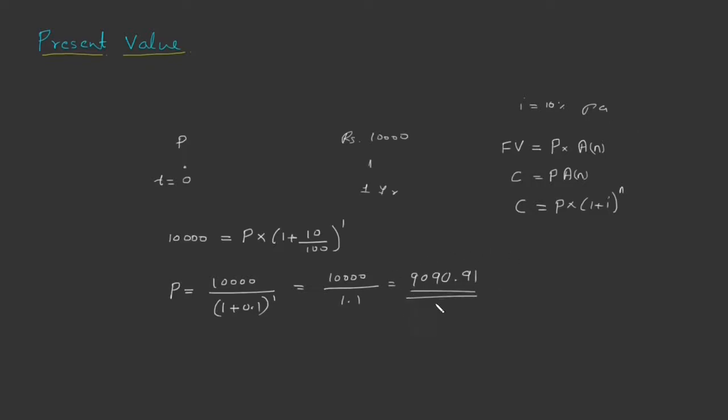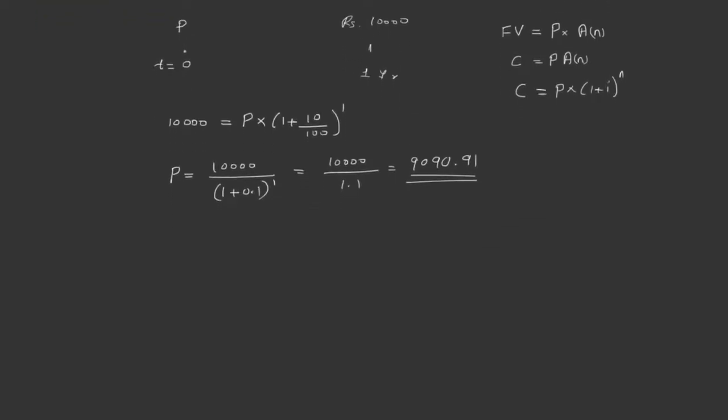This is the present value. That is the amount I need to invest today or now to get a required future amount. So let us define this present value now.